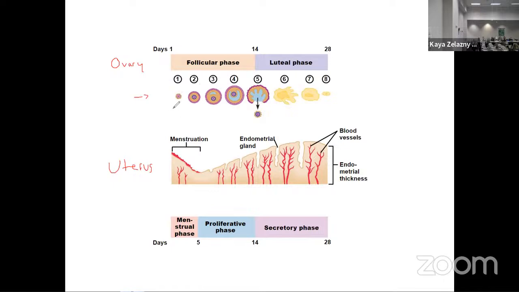So we can see that as that follicle is growing, okay, first, we're just kind of finishing out what's happening in reaction to our little gland there dying off. And then we're starting to grow back up again during the proliferative phase. After ovulation, we have the secretory phase. Once our gland degenerates, everything kind of starts over. We decrease that endometrial thickness. We shed that inner uterine lining and then begin to grow again.